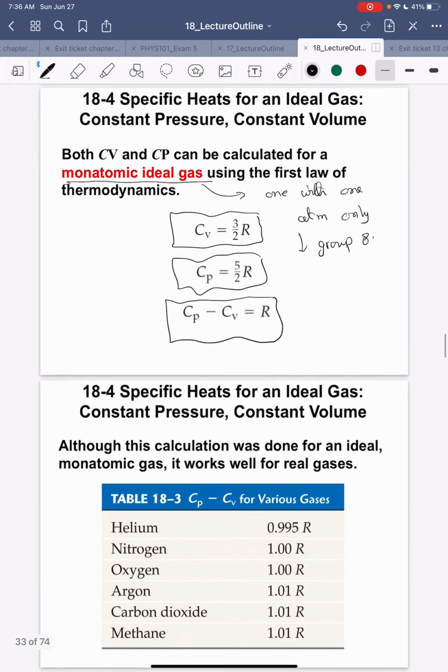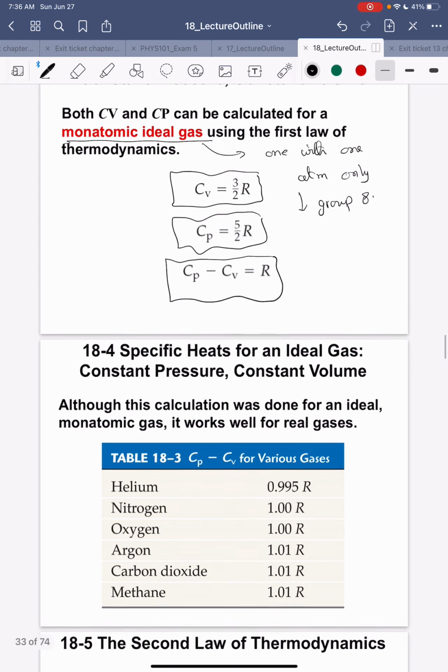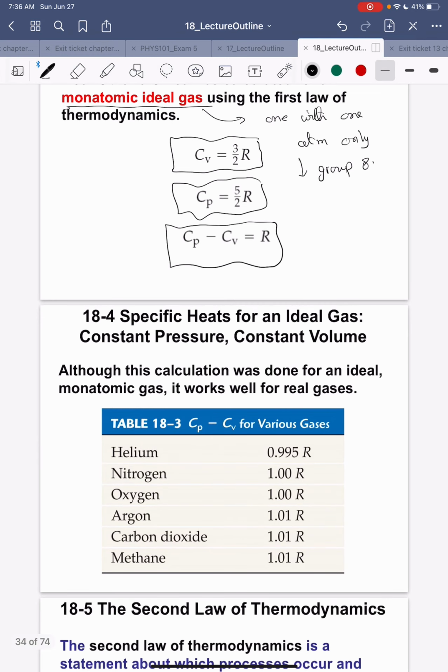Now, although this calculation was done for an ideal monatomic gas, it works well for real gases at low pressures, when we have a thin gas. For helium, the difference is 0.99 R. For nitrogen, it is 1 R. This is the difference between CP and CV, which ideally should be R. For oxygen, it is 1.